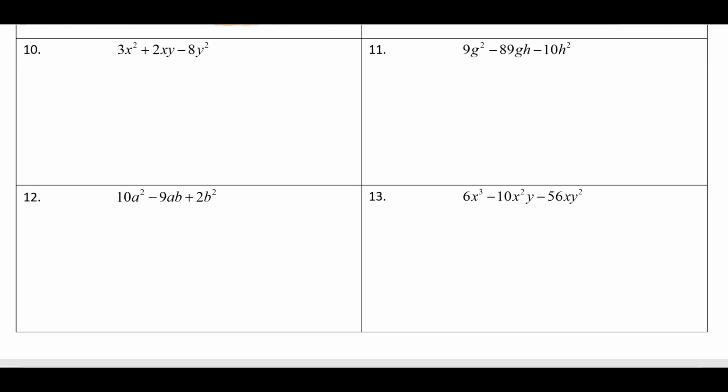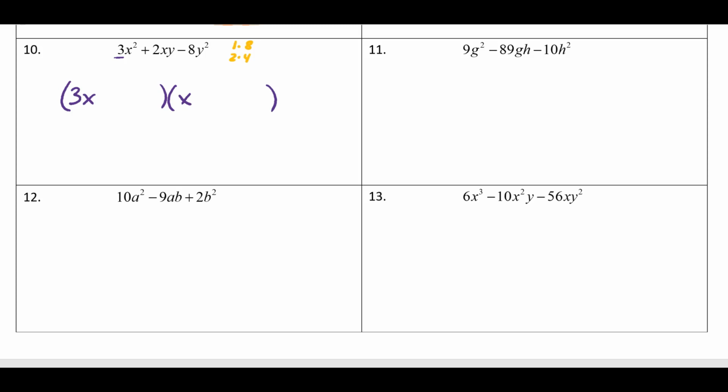Number 10. So the only difference is that this time I have a number in front of x squared, but good news is that number's prime. So just like we would start before, we're going to start with 3x times x. Now factors of 8, of course, are going to be 1 times 8 and 2 times 4. So we need to figure out where these factors are going to go.